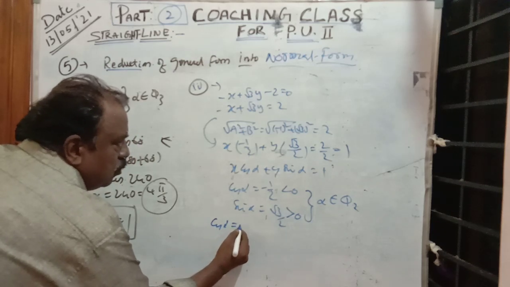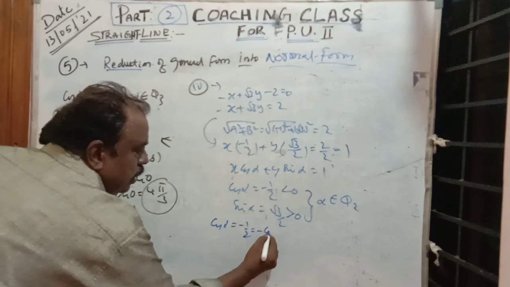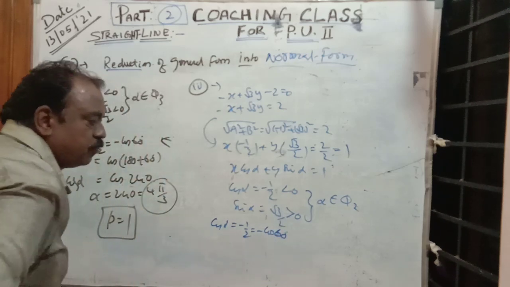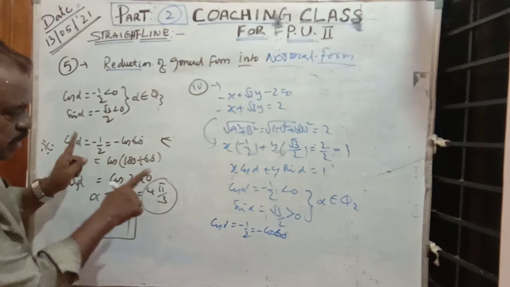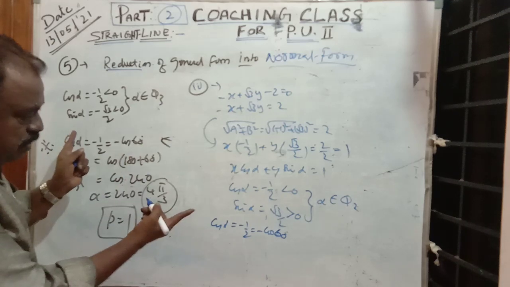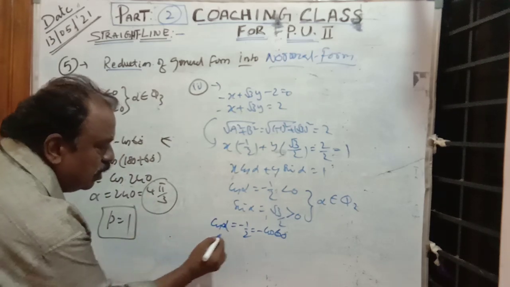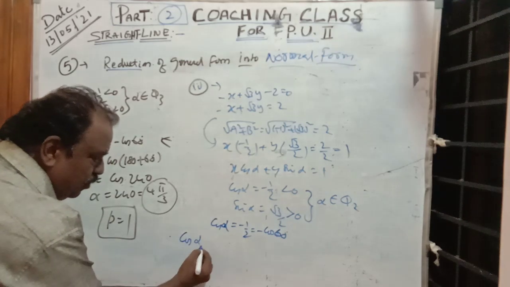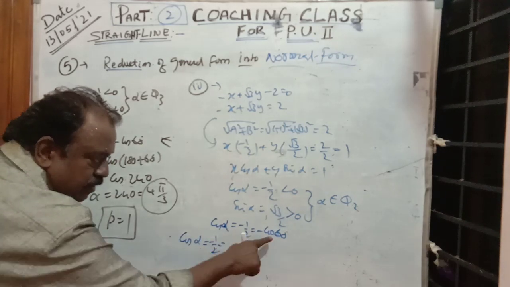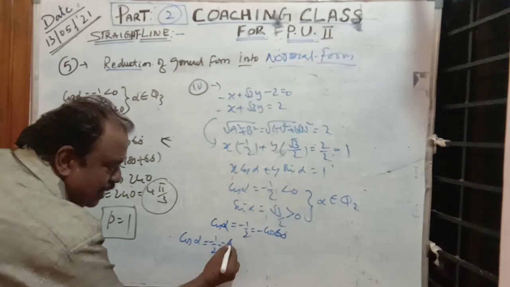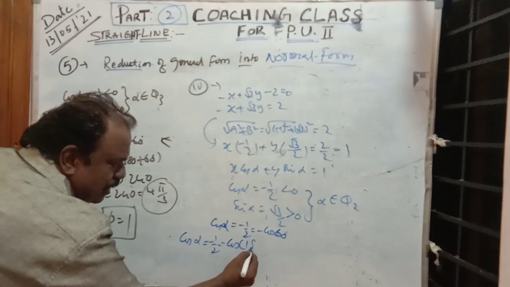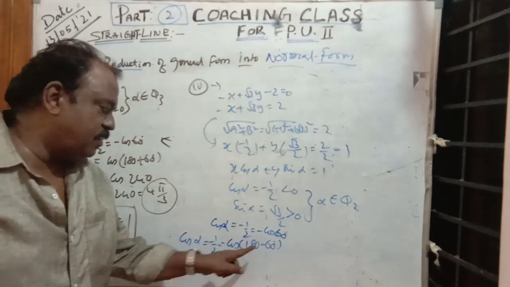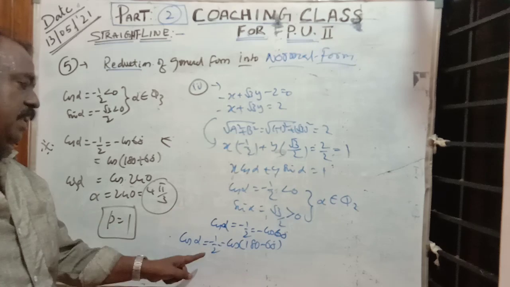We have to calculate. Here I will tell it. Cos alpha is equal to minus 1 by 2. It is minus cos 60. I am giving the variation. Difference is there. Please try to understand. Cos alpha is minus 1 by 2, minus cos 60. That means this minus cos 60 can be written as cos of 180 minus 60. 180 minus theta, second quadrant also minus.